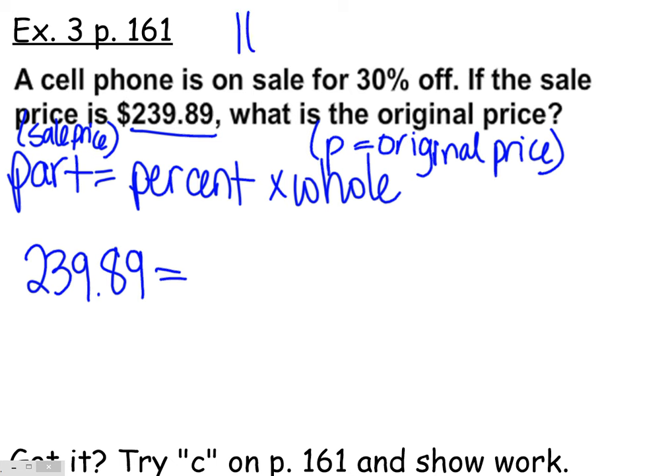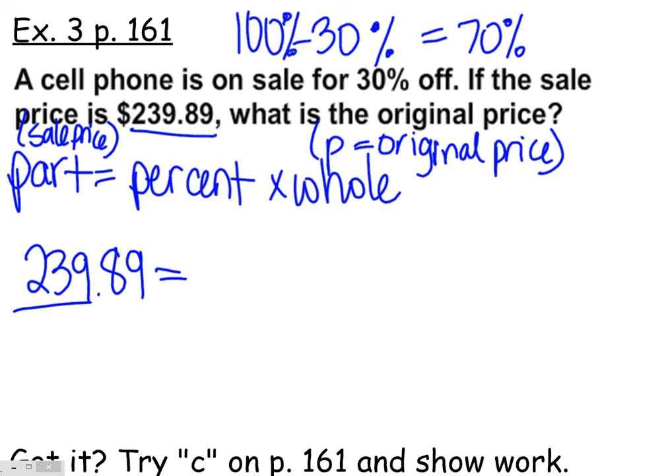So the part that we're actually finding, 30% from 100%, is 70%. That's the amount of the whole price, which gave us this new sale price. So 70% is 0.70 times the original price, which we'll call P. Let's simplify that a little bit further.